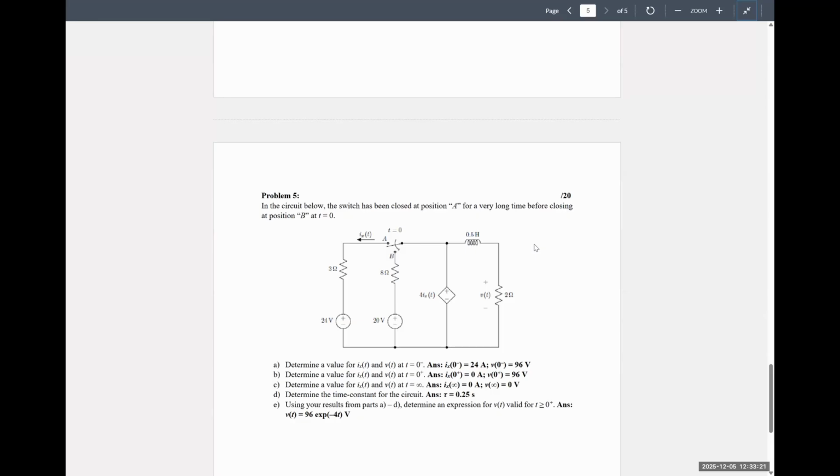I did provide you with the answers to all of these questions. I believe all of those answers are correct. Okay. If I have a homework set like homework number two, which is already uploaded, where I don't provide you the answers, that is usually intentional because it means that I think if I just give you the answers, there's not enough work for you to do, kind of thing. Okay.